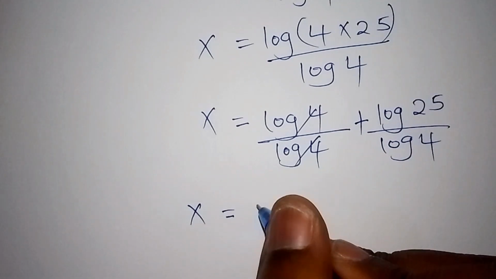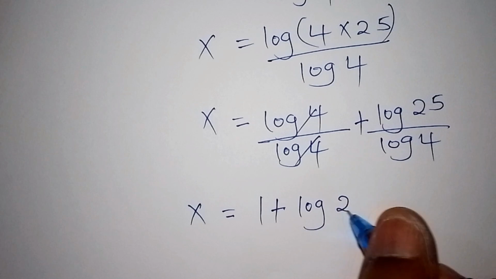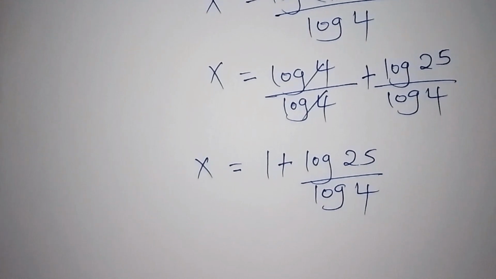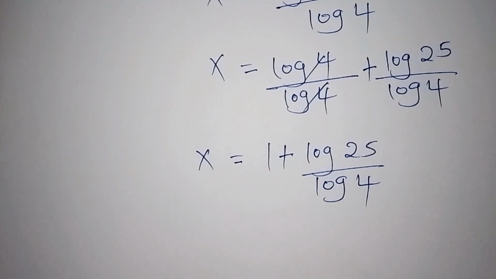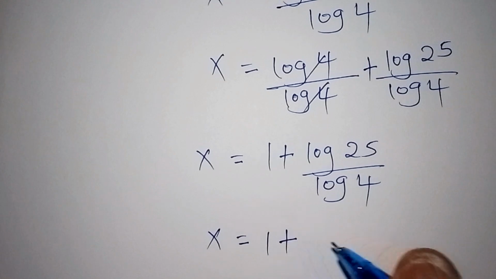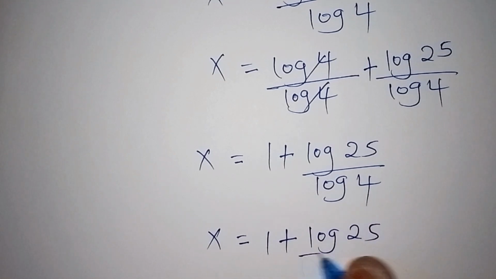Now we have x equals 1 plus the log of 25 all over the log of 4.